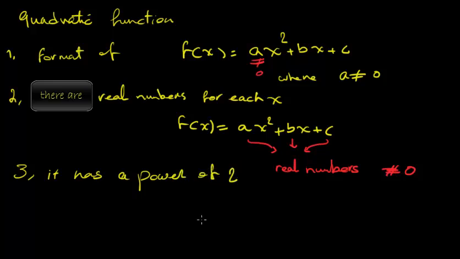As you can see, ax squared, this square is always the characteristic of a quadratic function. Then you have bx plus c. So the important part of that is a quadratic function always has an exponent of 2.